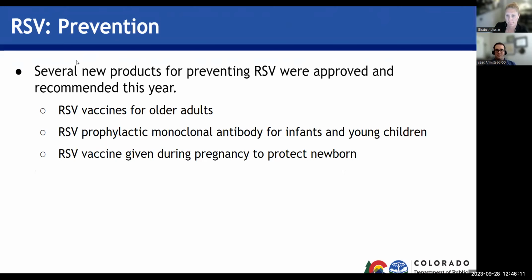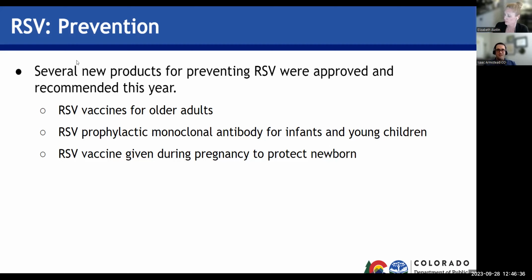And that product was a monoclonal antibody, so antibodies that are made outside of the body and then given. And these were given just to very high-risk infants and young children to help prevent severe RSV disease that could lead to hospitalization. But it was very limited.